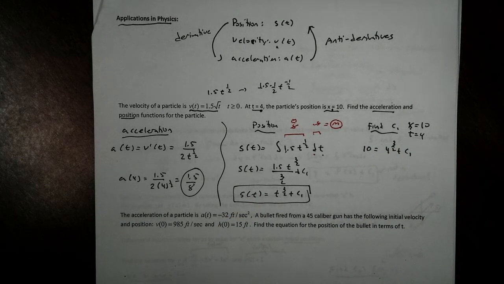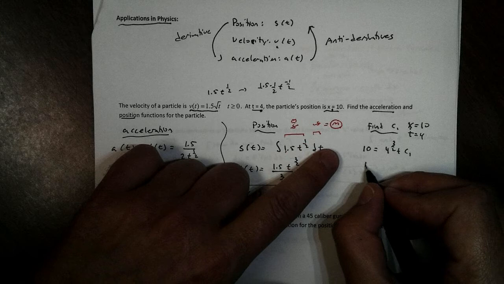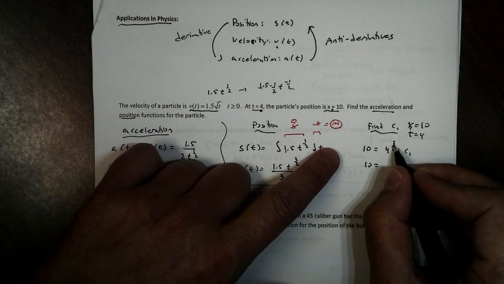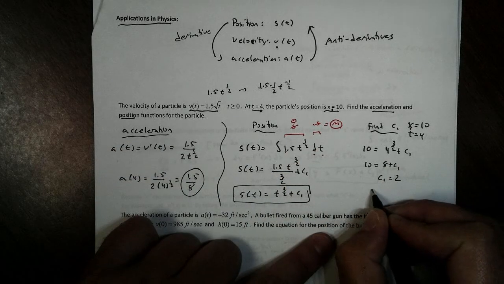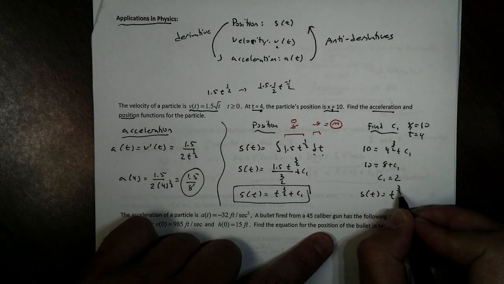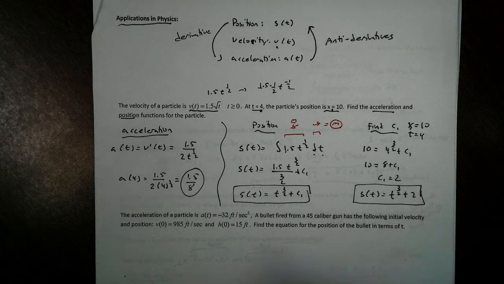I just plug it in right there. And if I do this, this becomes 2 cubed, square root of 4 is 2, cubed, 8 plus c1. c1 is 2. So my position function is s of t equals t to the 3/2 plus 2. Okay, go to part 3 and we're going to take a look at acceleration.